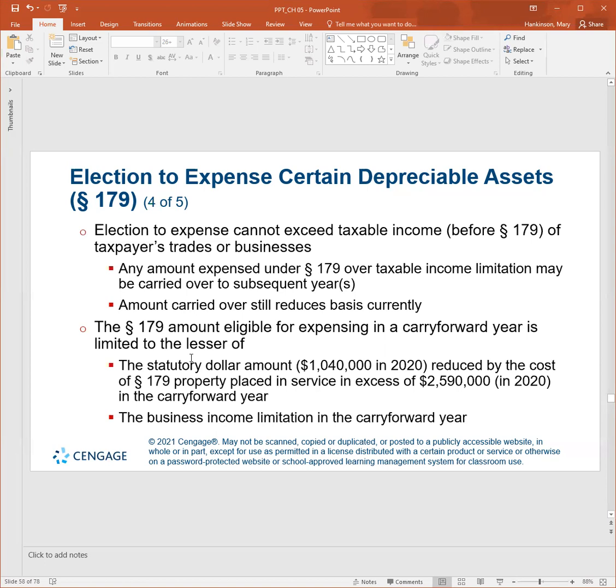Therefore, no Section 179 deduction is allowed in 2020 if 3,630,000 or more qualified property is placed in service during the year. So it cannot exceed a specific threshold amount. I think in 2020, that threshold amount was 2,590,000.